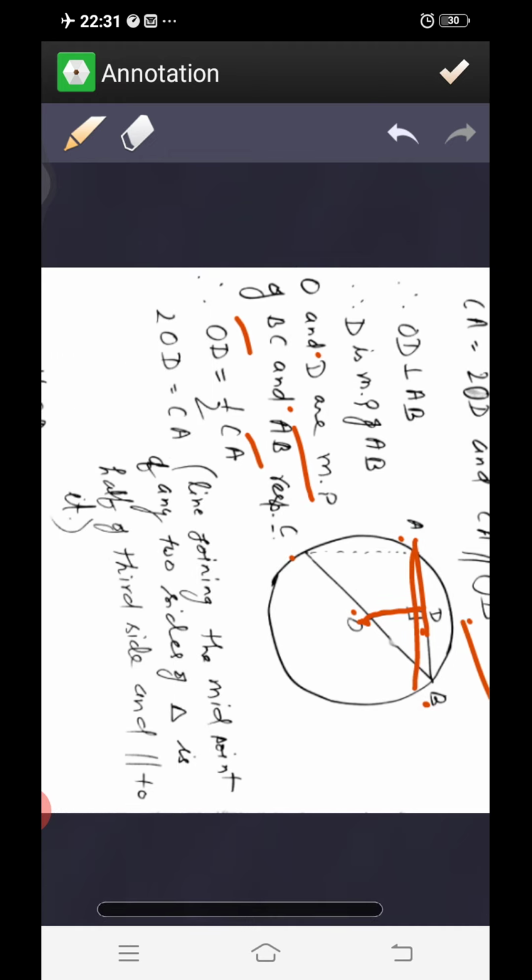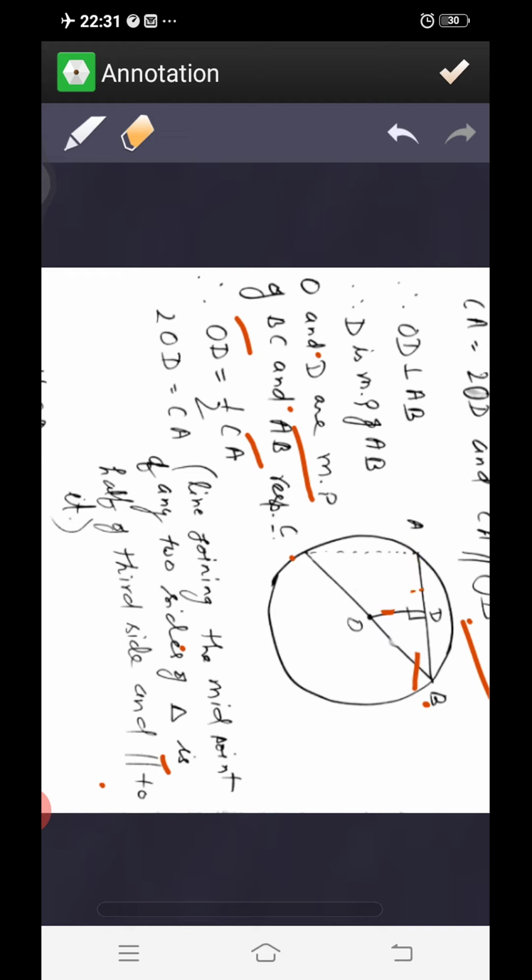So we apply here the midpoint theorem. What is that midpoint theorem? The line joining the midpoints of any two sides of a triangle is half of the third side and parallel to it. So it means this OD will be half of the third side.